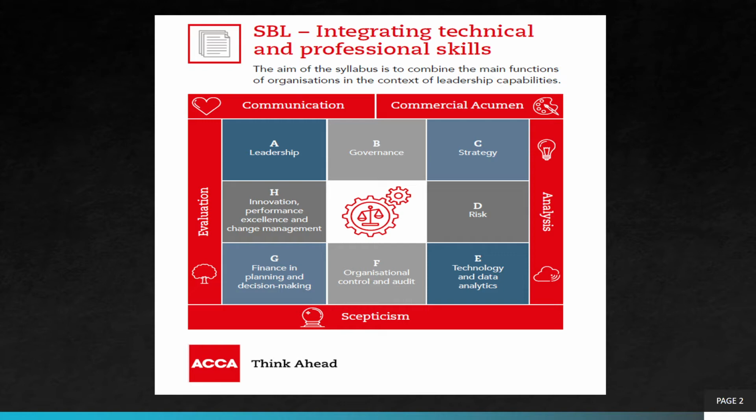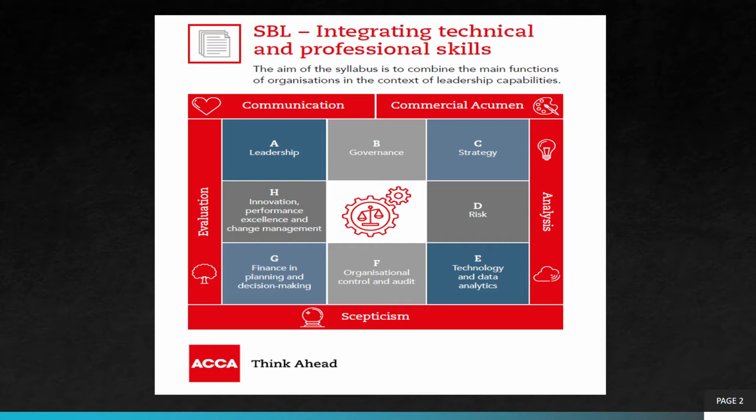So we need all this in our business, right? So we are going to go through all these 8 sections.